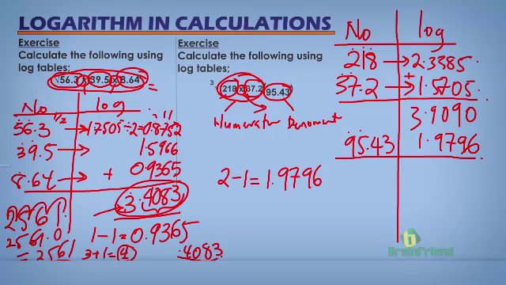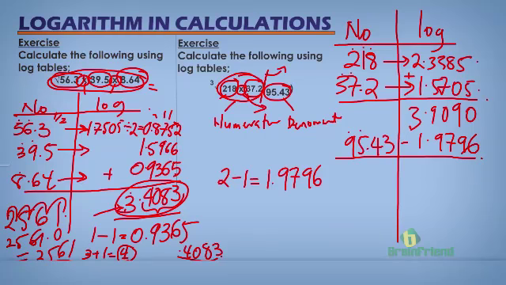Again, let's take a look at our original question here. If we notice, we have a numerator like we've said and a denominator. This indicates therefore from the quotient law of indices that the values of our log numbers will be subtracted one from another. Therefore, we would subtract 1.9796 from 3.9090.